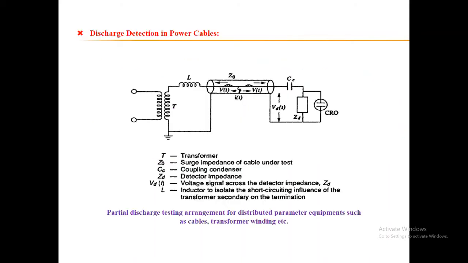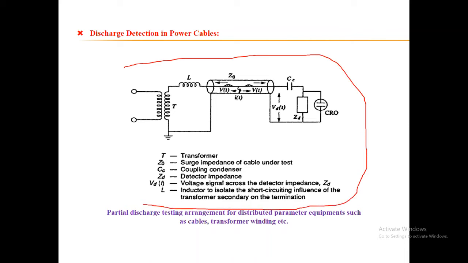Here is the discharge detection in a power cable. In this simple circuit arrangement, T represents the transformer, and L represents the inductor to isolate the short circuiting influence of the transformer secondary on the termination, so it controls the change in current magnitude. Z0 represents the surge impedance of the cable under test.